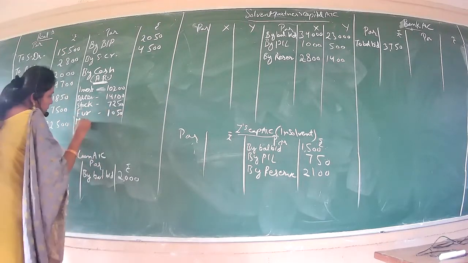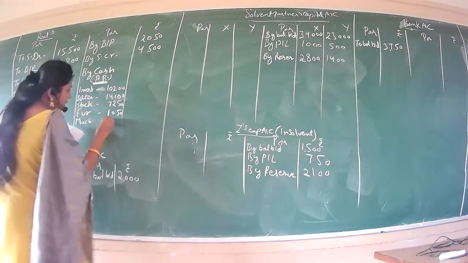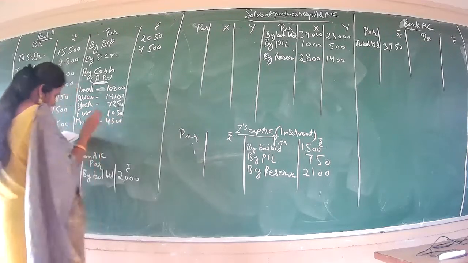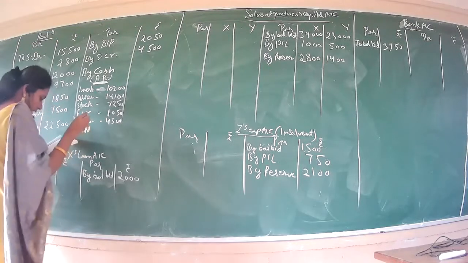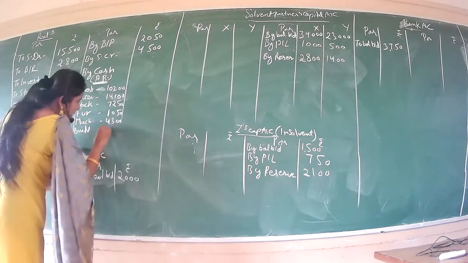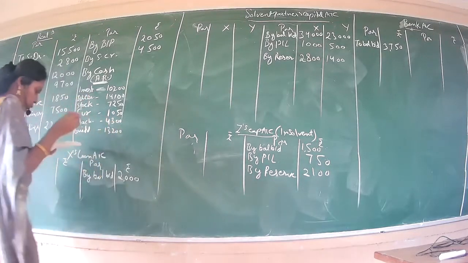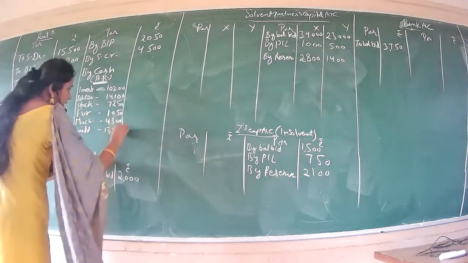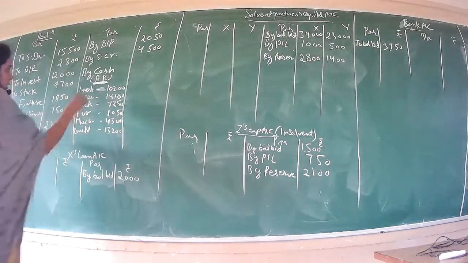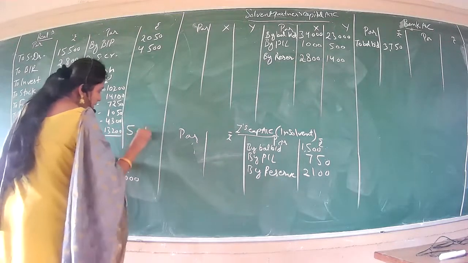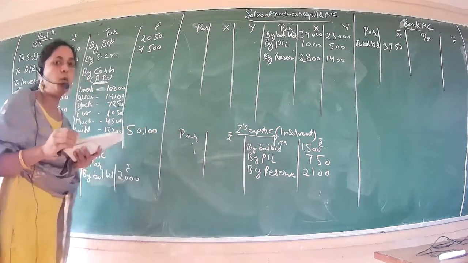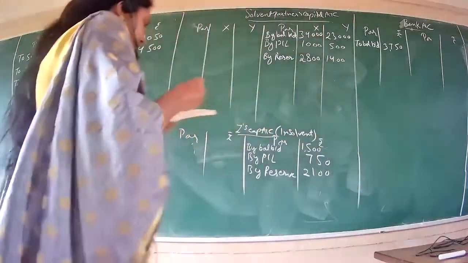Then machinery 4,300. Then the building 13,200. So these are all the various assets which got realized at these values. When we take the total, it will come, I believe, 50,100. Okay, total of your assets realized value.